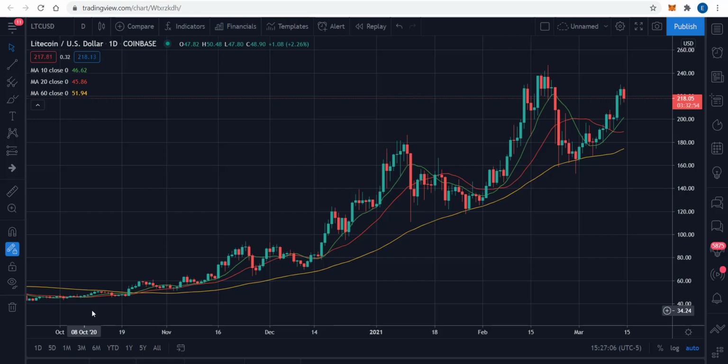Once that's in line, ideally in line with the 30 as well, I would look to buy. I'm a little leery of selling because this is an upward trend. I'm a trend trader. I want to trade in the direction of the most powerful trend, and so far that's just been higher.